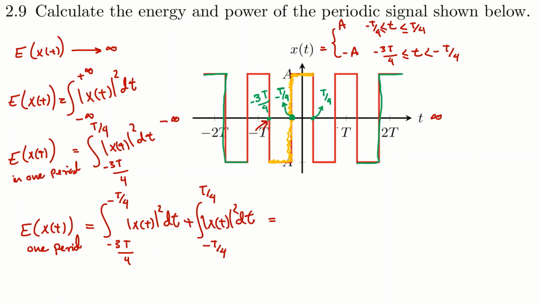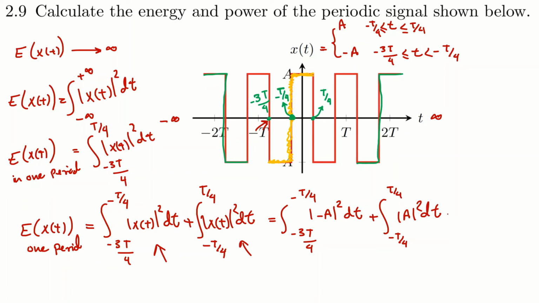If I replace the value of x(t) here and here, we would have the integral from minus 3T over 4 to minus T over 4 of minus A squared dt, plus the integral of A squared dt, which equals A squared times the integral from minus 3T over 4 to T over 4 of dt.